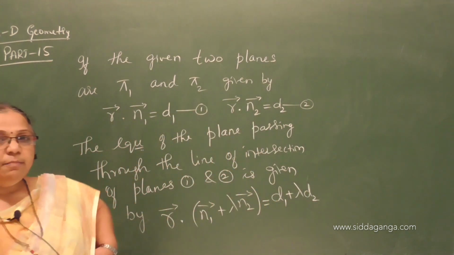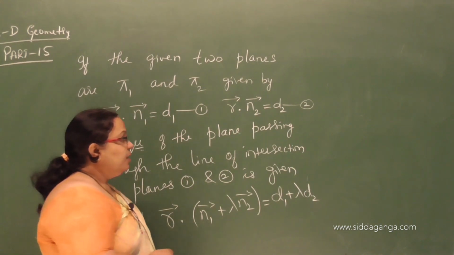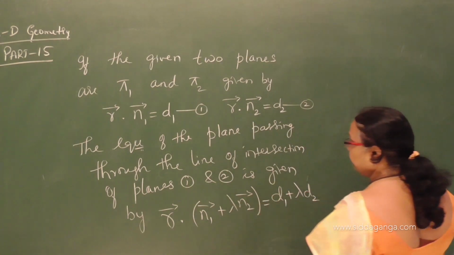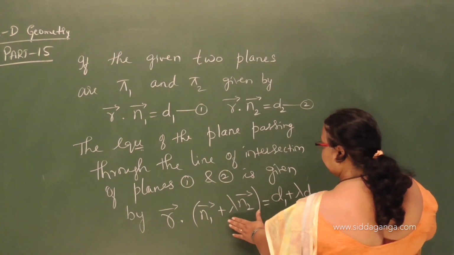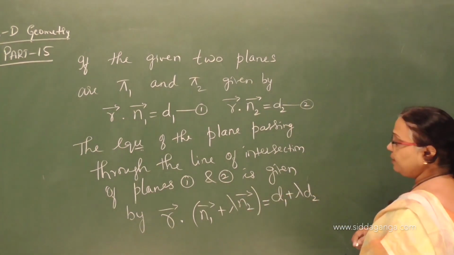So now this is in the vector form, and we have to express this in the Cartesian form.